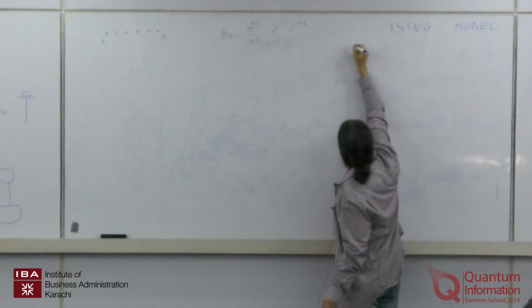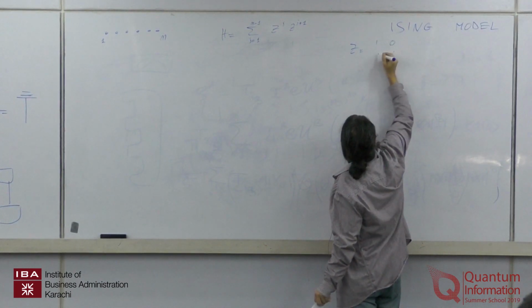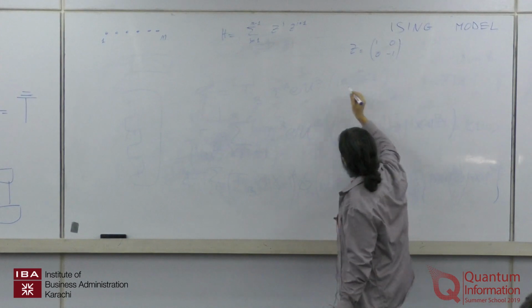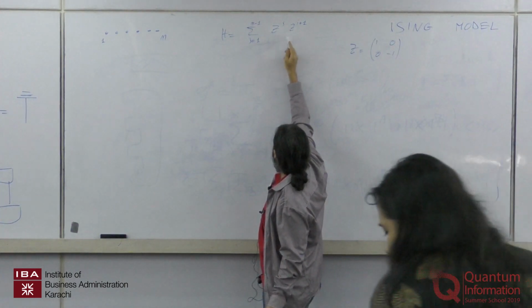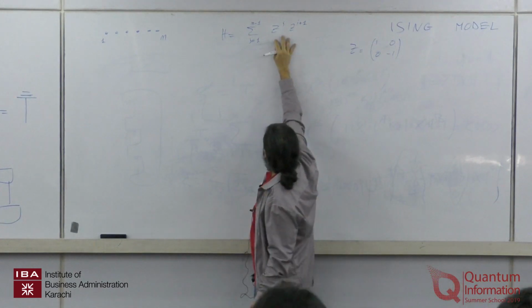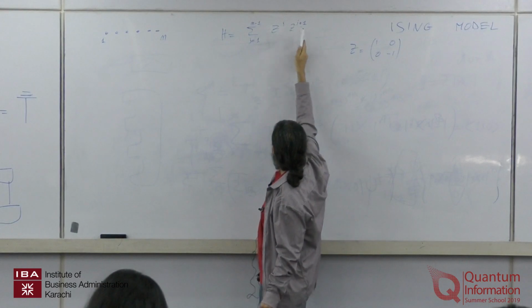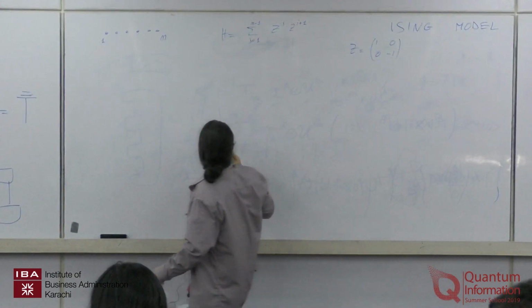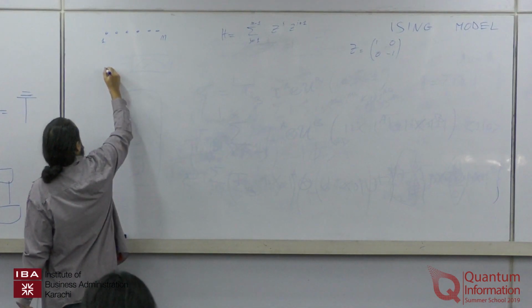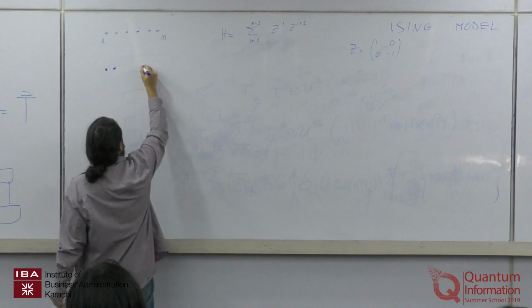And remember, Z is this matrix, the sigma z that you have seen before. These indices represent the system on which it acts. For each term, this matrix has its identity on everything except on the index j and j plus 1. To make things simpler, let's start with just this term, and I think we will only consider this, most probably.